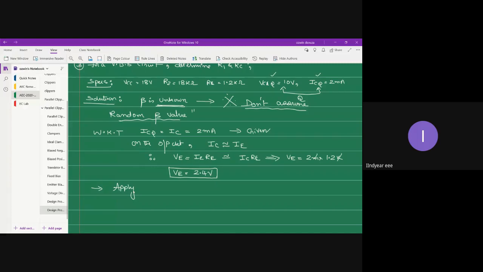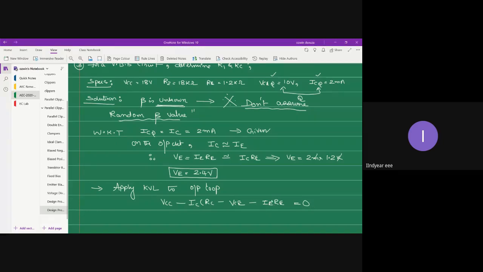So apply KVL to the output loop. In the case of voltage divider bias, we get VCC minus ICRC minus VCE minus IERE is equal to 0.